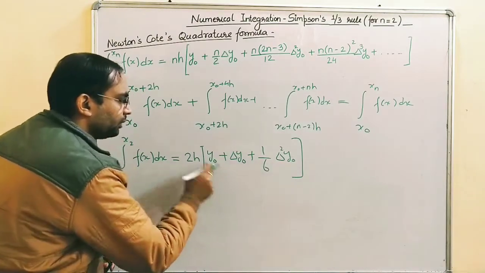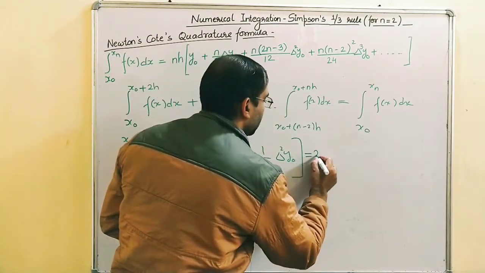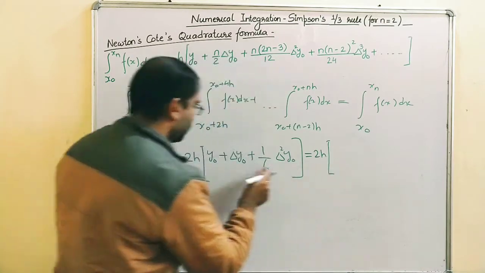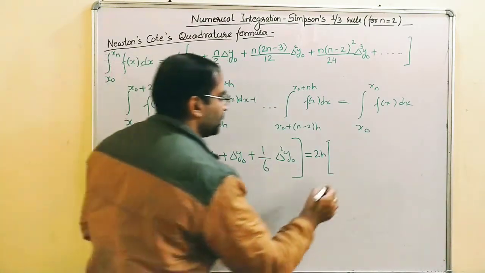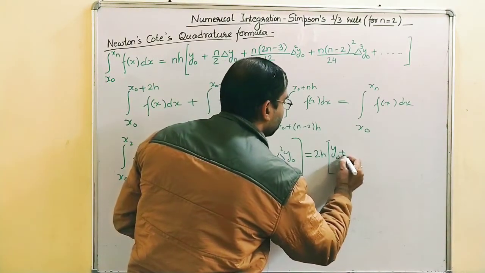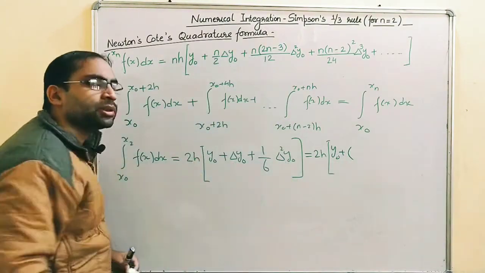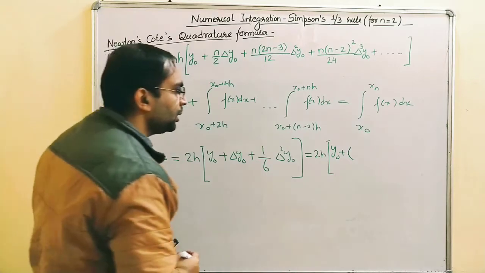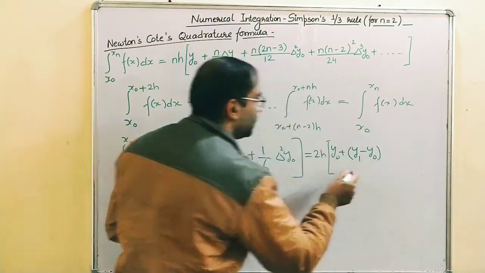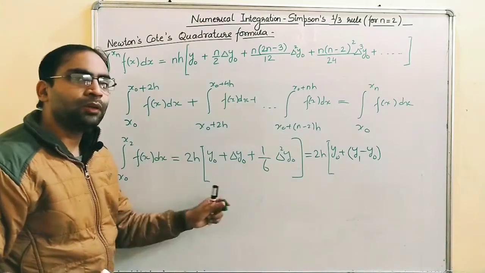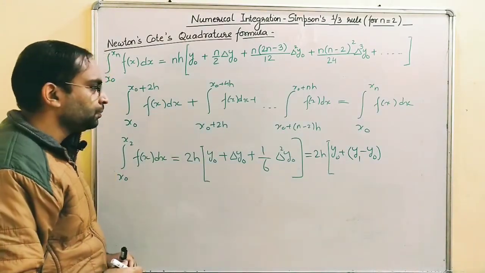Now we need to solve this. Let's substitute the values of y0, del y0 and del 2 y0. So y0 will remain the same. As we know, del y0, this is the forward difference formula, this will be y1 minus y0. We had already seen this formula in the forward difference table.